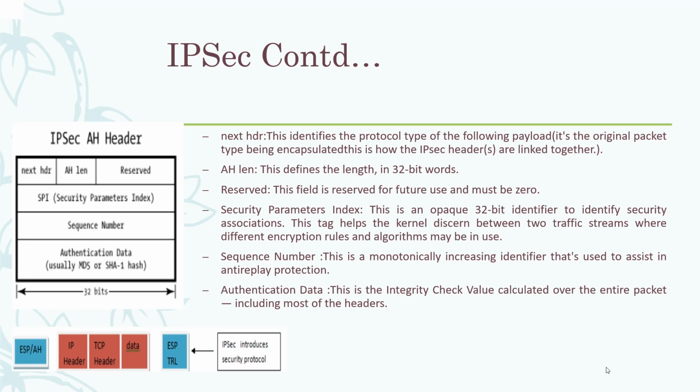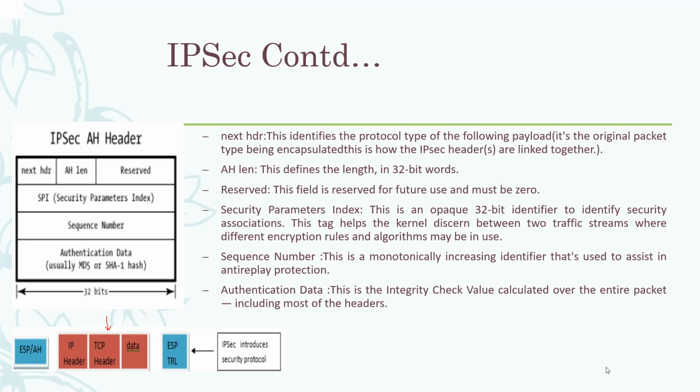So we can see from this diagram that when the data is received from the application layer, the data is sent to the transport layer where the data is encapsulated within the TCP packet, and we can see the TCP header.